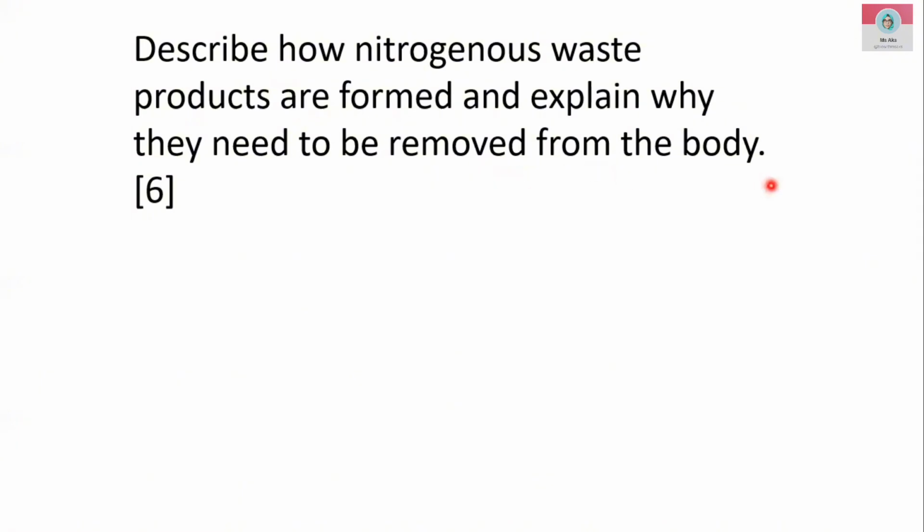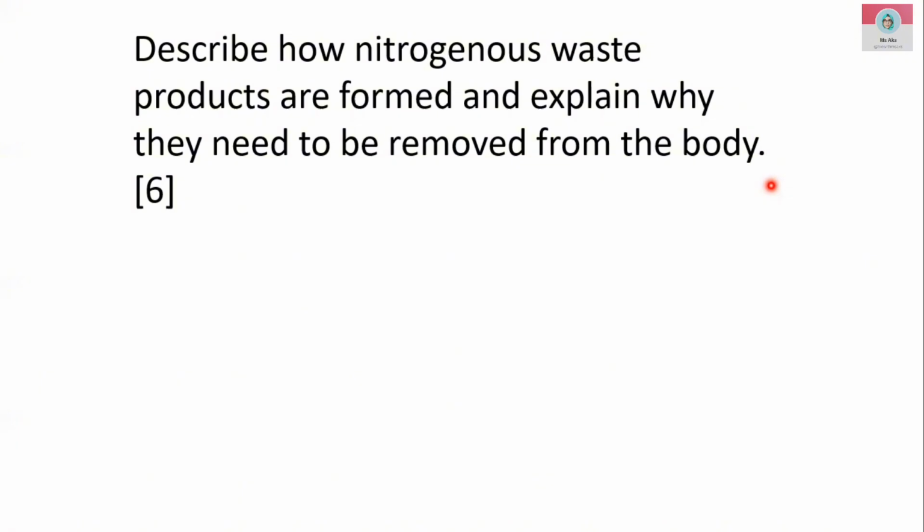This question is asking you to detail how the different types of nitrogenous waste products are formed. The points that we want to see here are that you are able to explain how urea is formed. Nitrogenous waste products are formed because we consume excess amino acids.